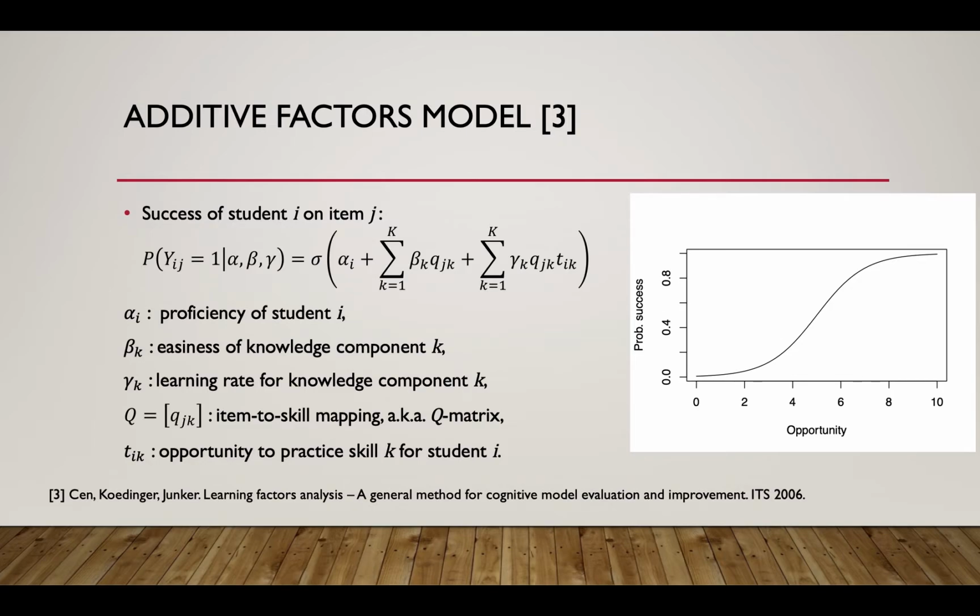Our work is taking place in the context of the Additive Factors Model, or AFM, proposed by Cen and colleagues back in 2006 and used, for example, in the PSLC DataShop.